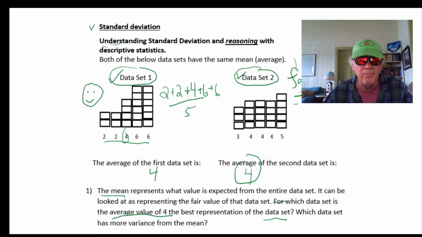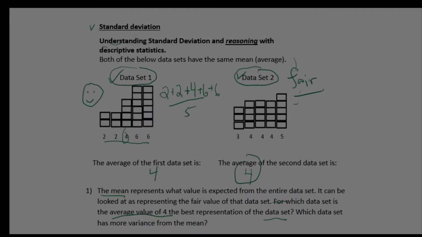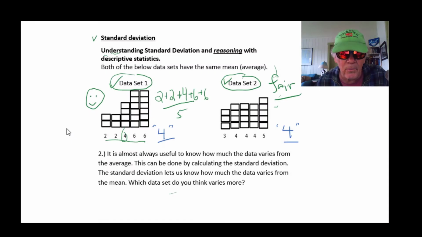Now let's look at number 2 here. Okay, I'm still with you. I haven't abandoned you yet, so I'm just going to do question 2 in this format. It says it is almost always useful to know how much the data varies from the average. This can be done by calculating the standard deviation.